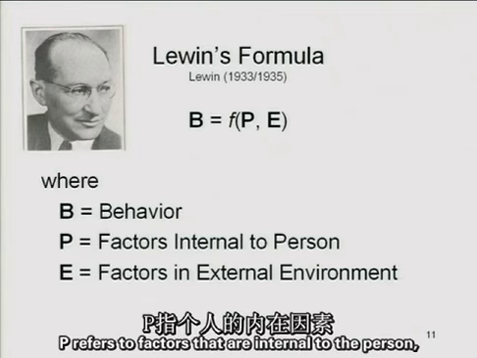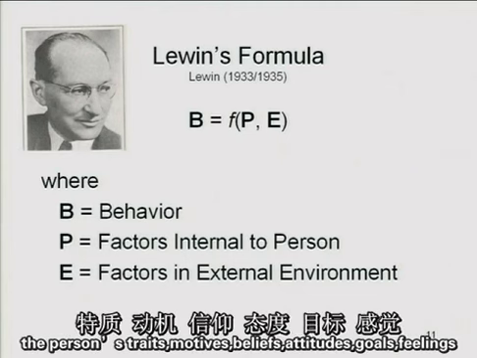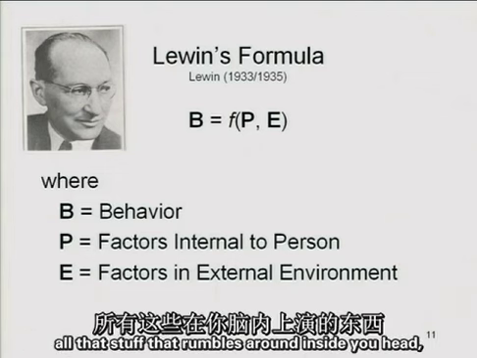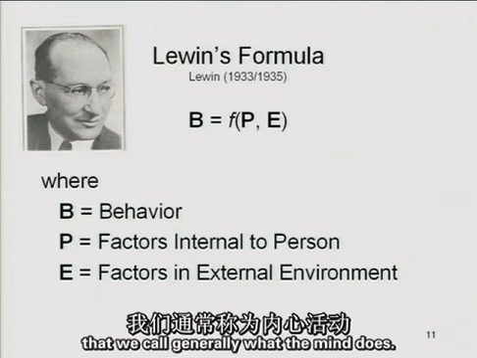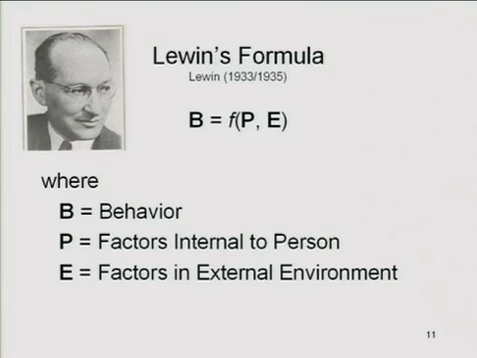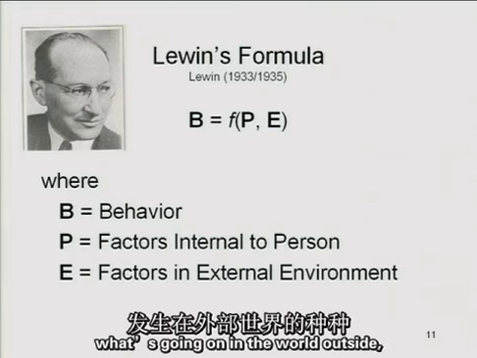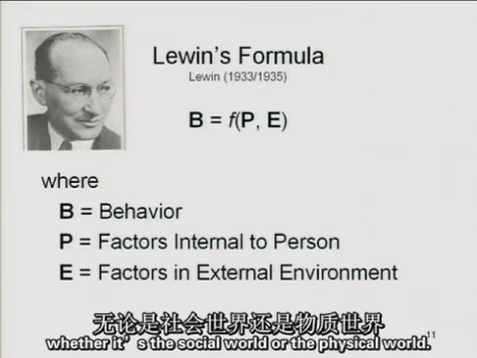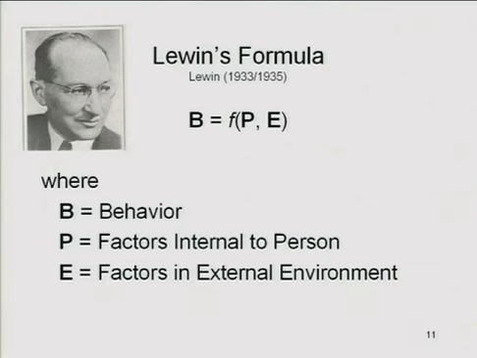P refers to factors that are internal to the person: traits, motives, beliefs, attitudes, goals, feelings, all that stuff that rumbles around inside your head that we call generally what the mind does. And E refers to factors in the external environment, what's going on in the world outside, whether it's the social world or the physical world.